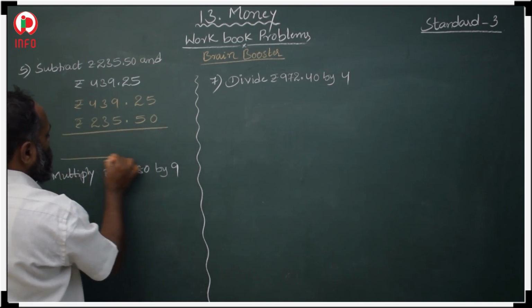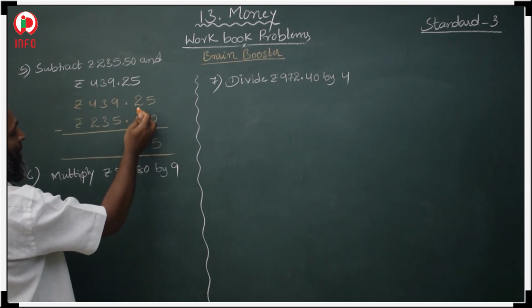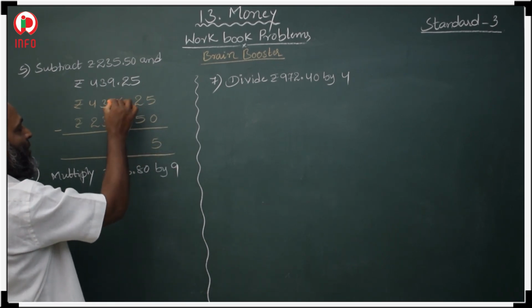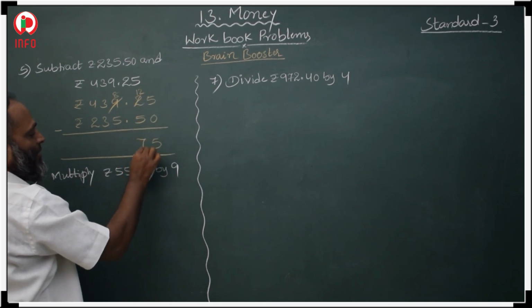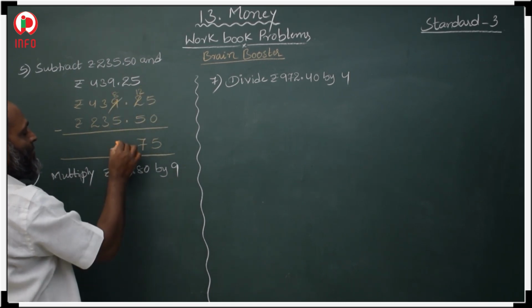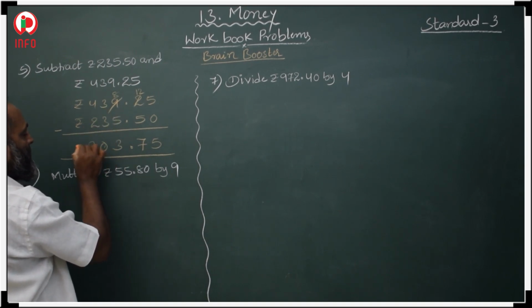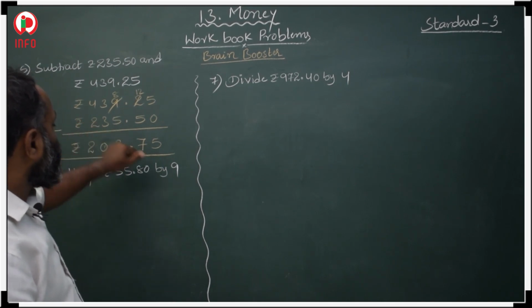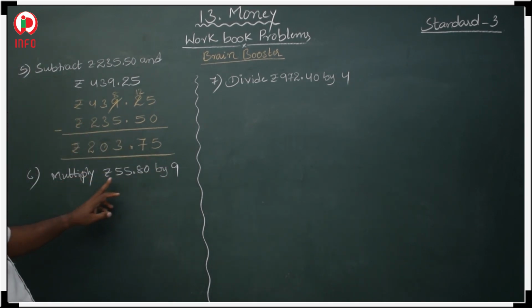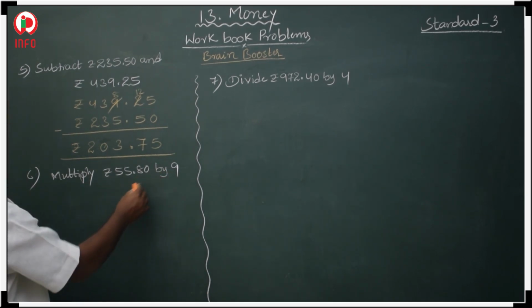Now subtract. 5 minus 0 is 5. 2 minus 0, 2 is less, so borrow from here, you will get 8 and 12. 12 minus 5 is 7, 8 minus 5 is 3, 3 minus 3 is 0, 4 minus 2 is 2. 203 rupees 75 paisa.